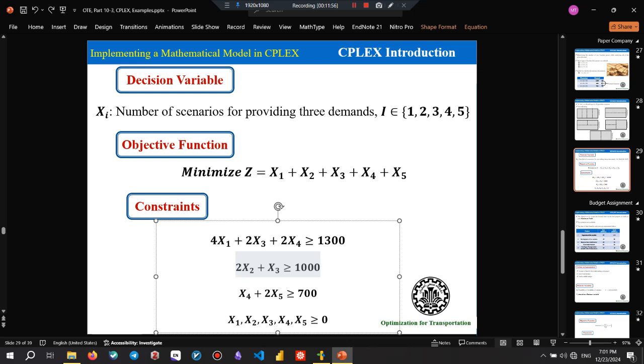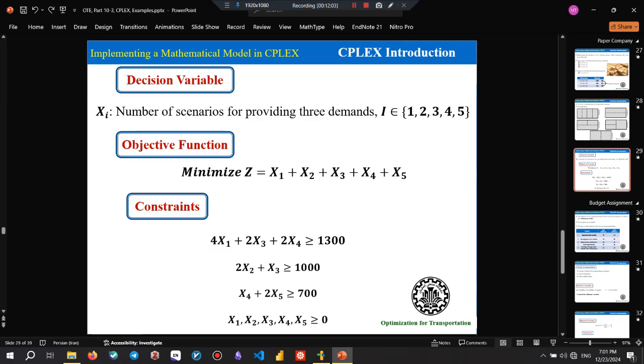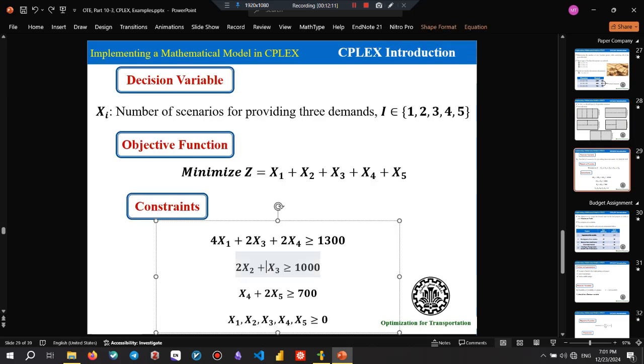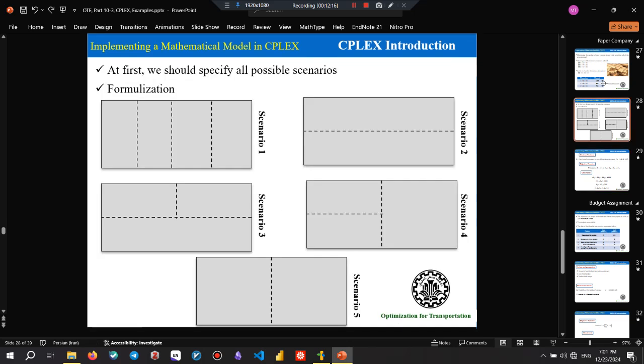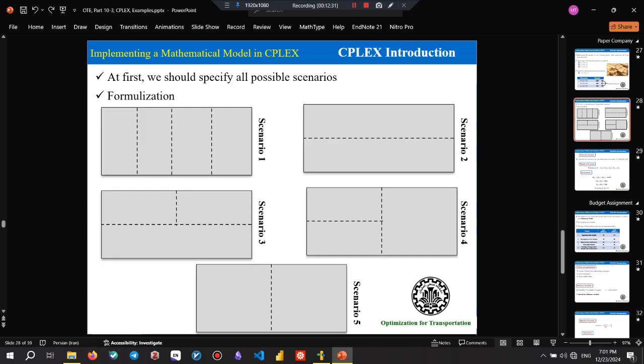So for the second one, as you can see in here, scenario 2 can provide two of these numbers. So the coefficient is 2, but x3 can just provide one of them, and the coefficient is 1. For the first one, this one is 4, and just guess why? Because there are four types of four, not the number of 1 to 4, 1 to 2 numbers are four pieces.